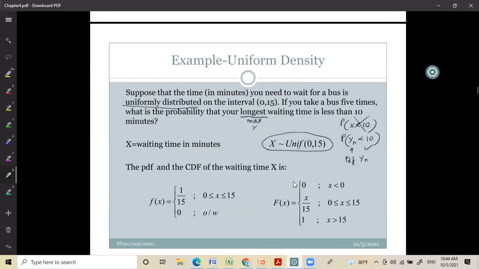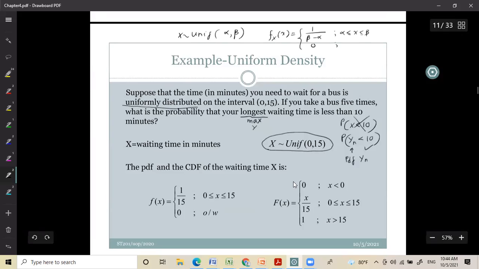So you have to derive the PDF of the max first. Now, when X is uniformly distributed, remember, when X is uniform within the interval alpha and beta, what is the PDF? That will be 1 divided by the length of the interval, which is beta minus alpha, for X in between alpha and beta, and 0 otherwise.